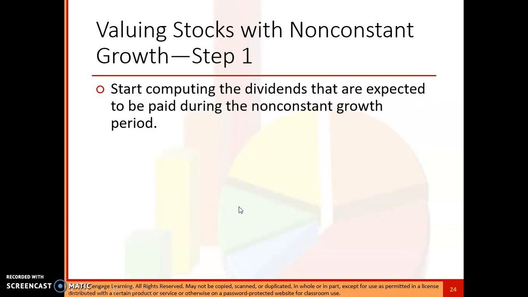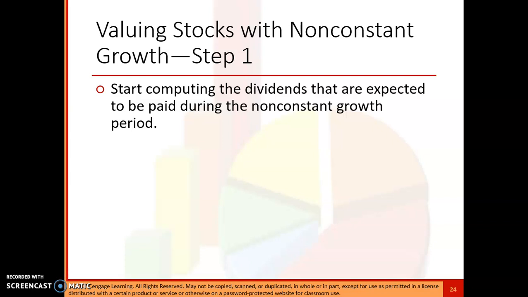So step one, start computing the dividends that are expected to be paid during the non-constant growth period. Every textbook is going to show you calculating the dividends in the non-constant growth period, and then calculating one dividend in the constant growth period and then doing the valuation.